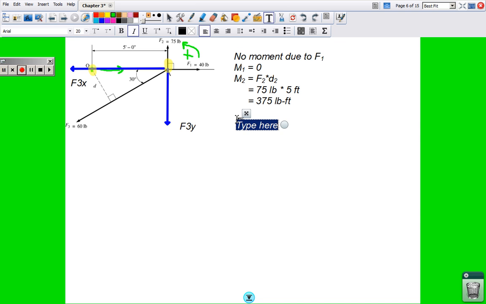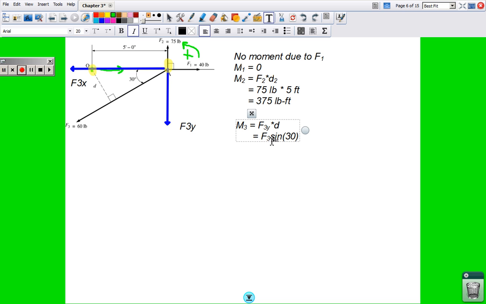So now let's go back and do moment 3. Okay, and moment 3 is going to be F3y times D, and that's going to be equal to F3 sine of 30.